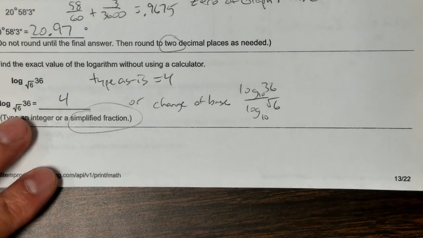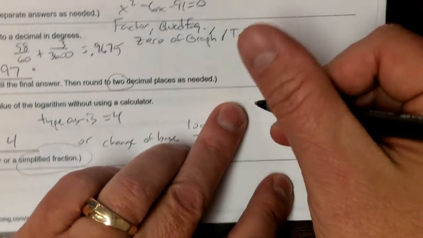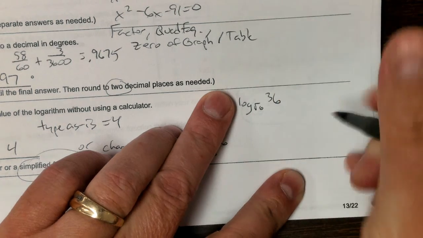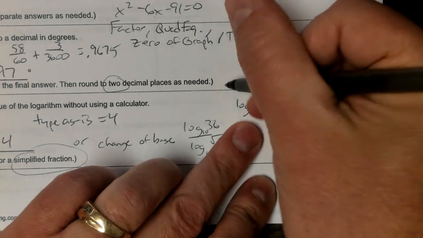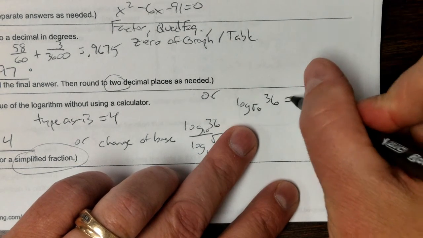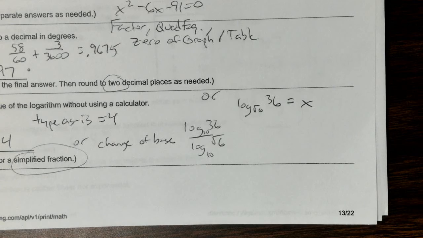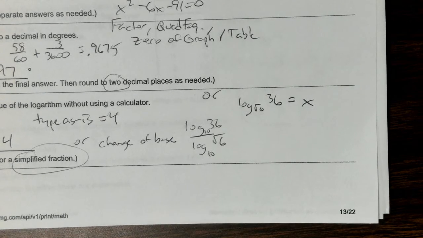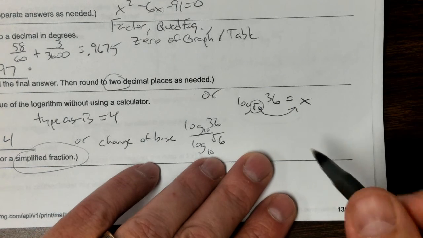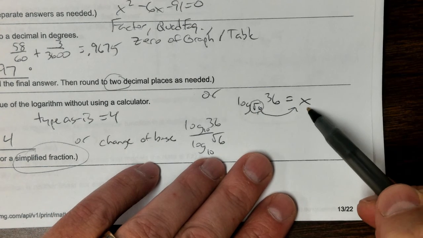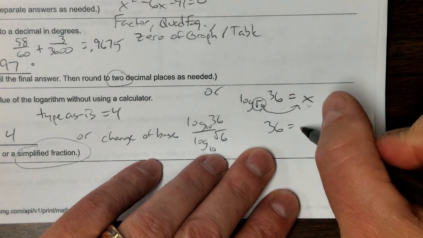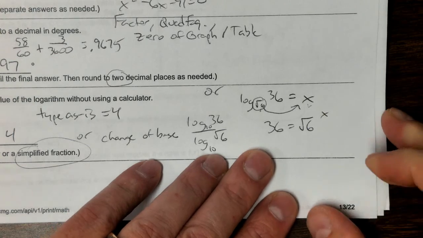Okay, so if we had log base square root of 6 of 36, I'm just going to say an or in front of this. What we could have done is we could have called this equal to x. And then we move this around like so, because your base for the log becomes the base for the exponent. And so then we get 36 equals square root of 6 to the x power.